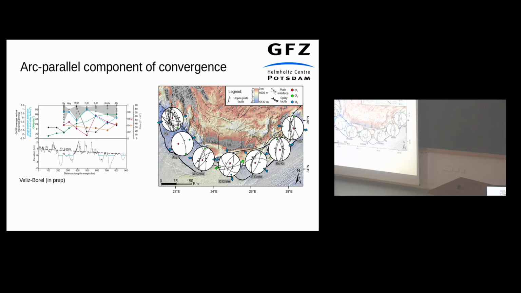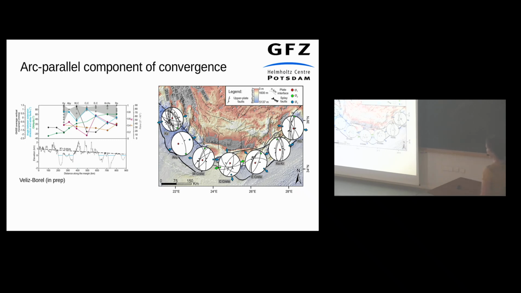It's many parameters because the discussion was very long, but what's important here is the green line that shows the obliquity. And the obliquity in this area is around 60 degrees. And I really don't know how to balance or how to include this strike-slip component of the convergence into the model to actually do what I wanted to do.